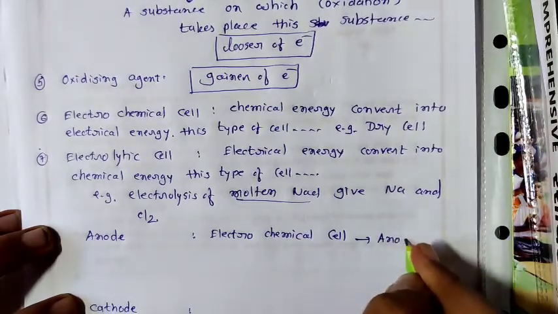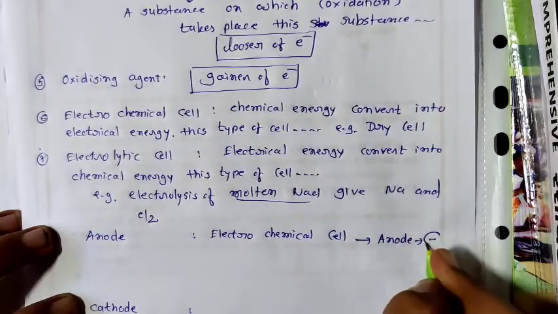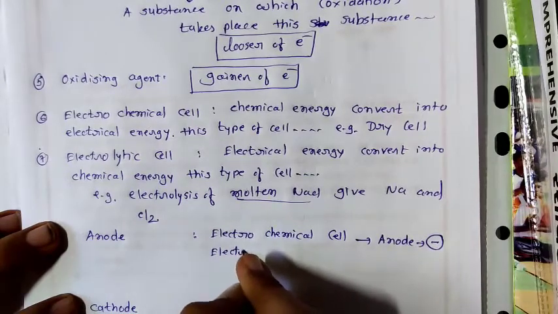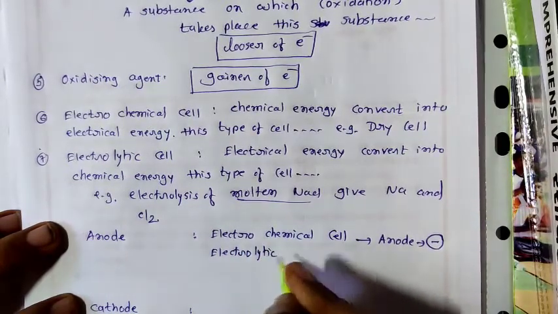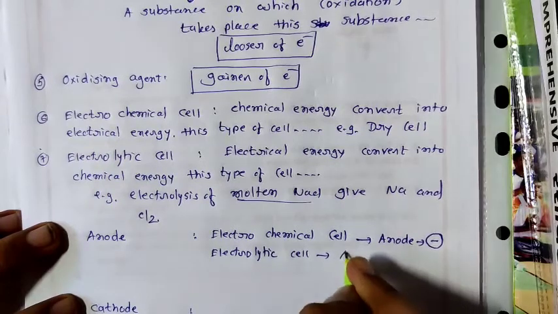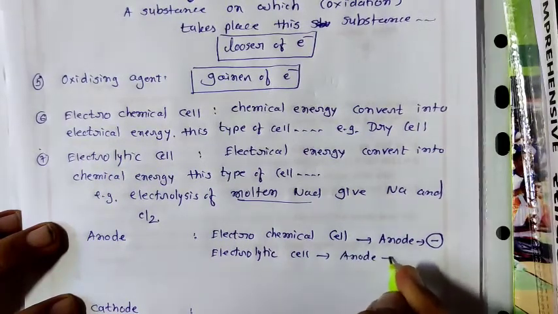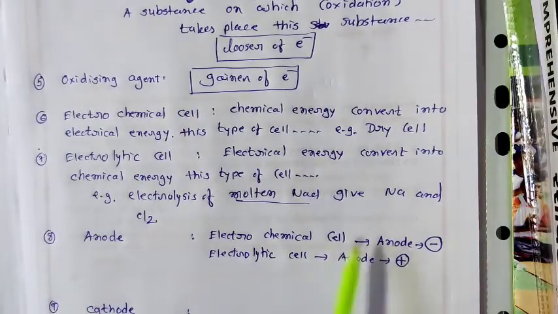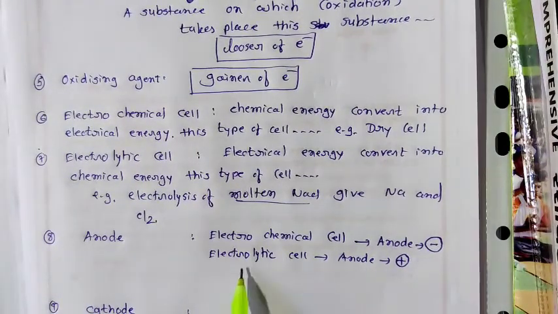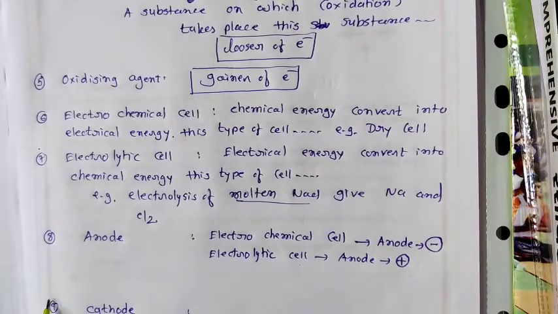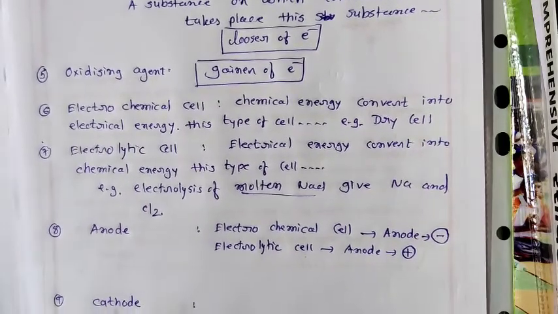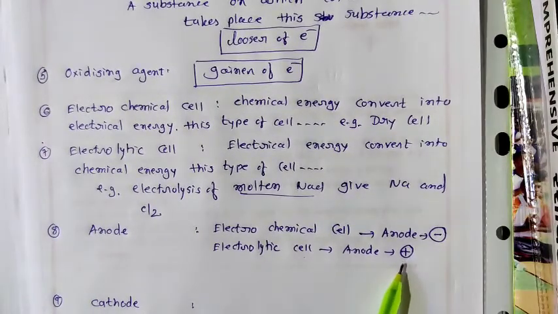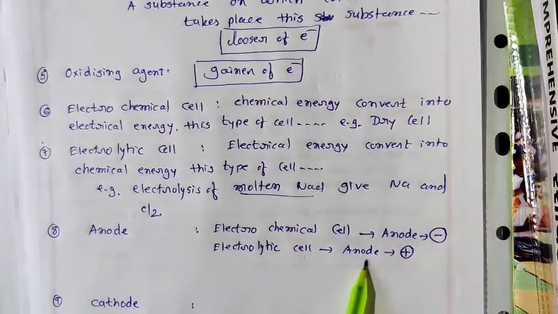anode is negative, while in an electrolytic cell, anode is positive. For an electrochemical cell anode is negative. In an electrolytic cell anode is positive. So it is a wrong concept that anode has a positive charge. You are right, but only 50% right: if it is an electrolytic cell then anode is positive.